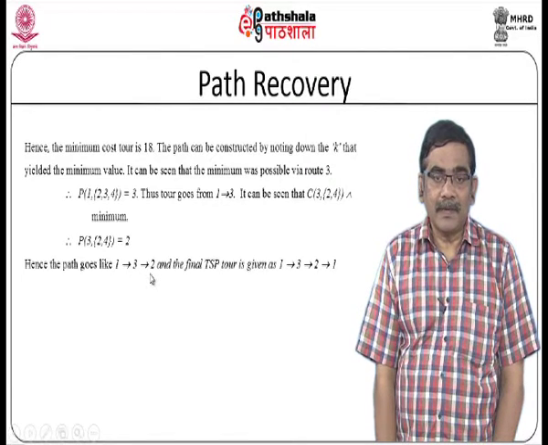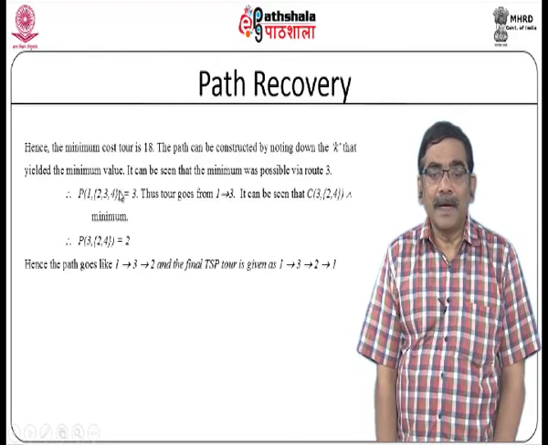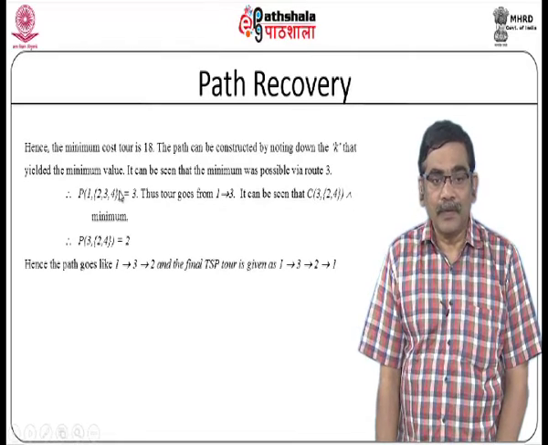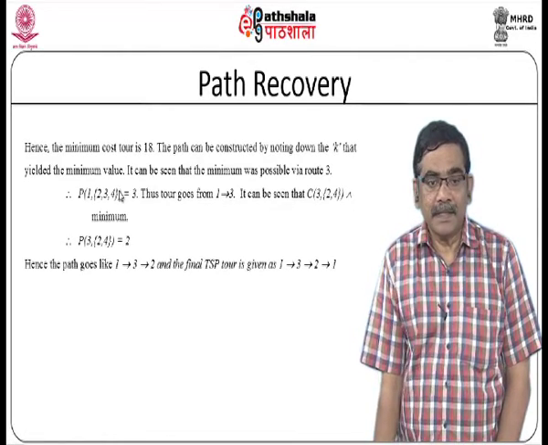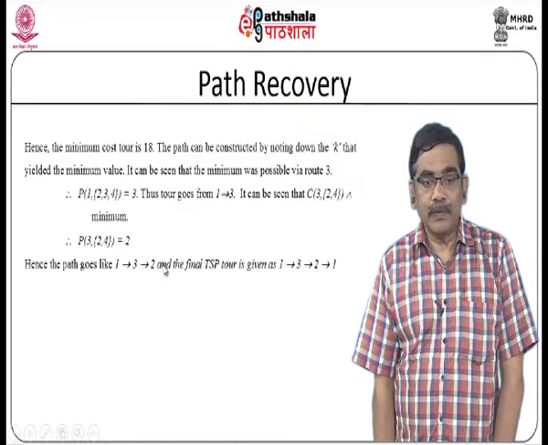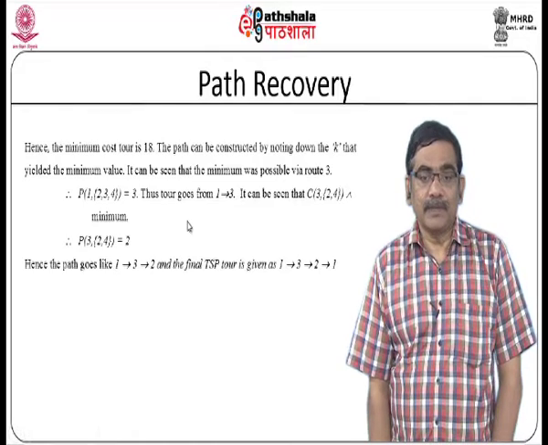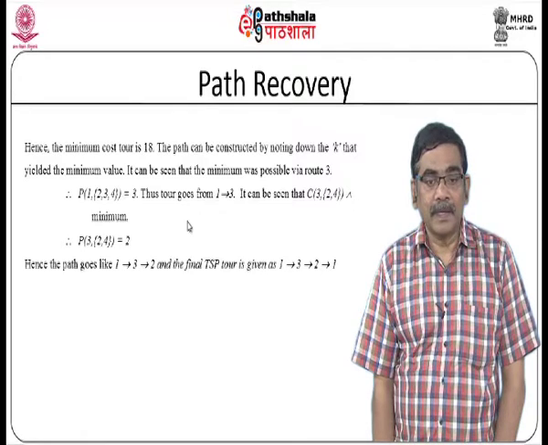So, that means there are only 4 vertices. So, 1 3 2 is visited, therefore, I can go back to the city 1. So, in other words, I will visit 1 3 2 4 and then I will go to 1 again. So, this is going to be the path recovery of this particular problem.